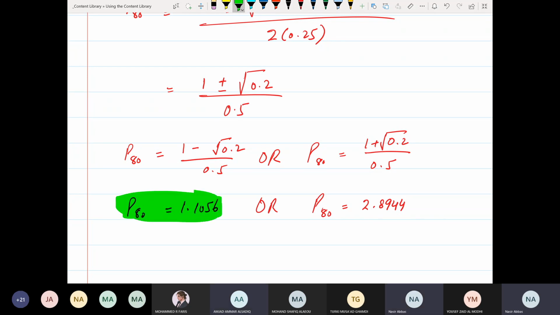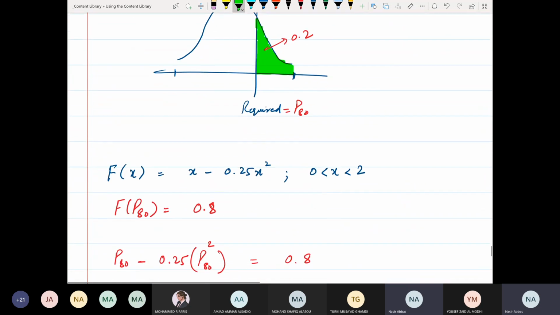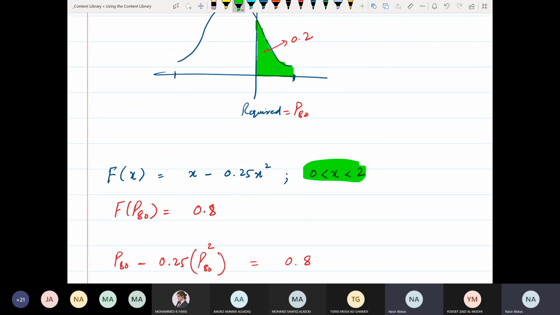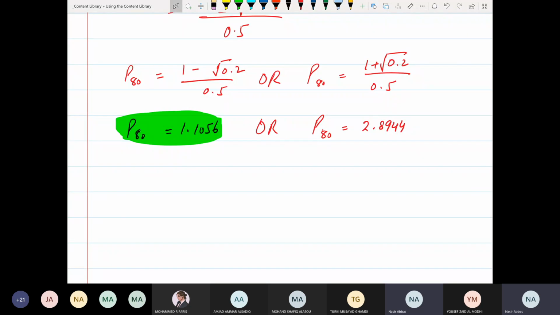If you go back to the definition of percentile, percentile is a value of X. And if you go back to this specific question, if you look at the domain of X, the values of X are all between 0 and 2. So the percentile should be one of these values between 0 and 2, because percentile is also a value. Now, the second one exceeds the upper limit. So this is not going to be your percentile.